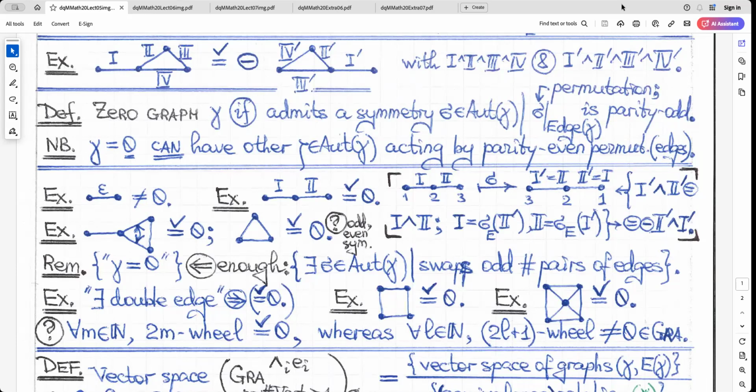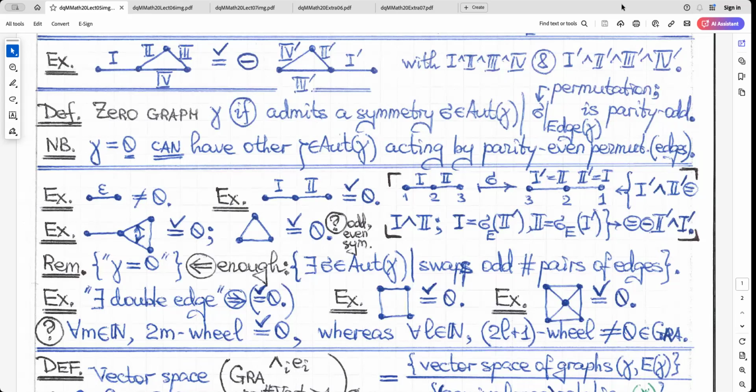We understand this is a four-wheel. It has four sides, the center, and four spikes. Claim: every even-sided wheel is a zero graph.